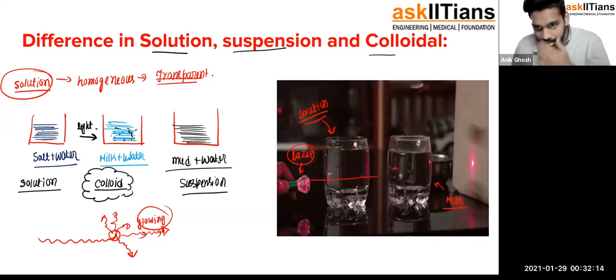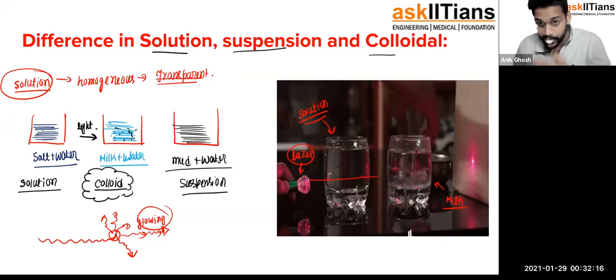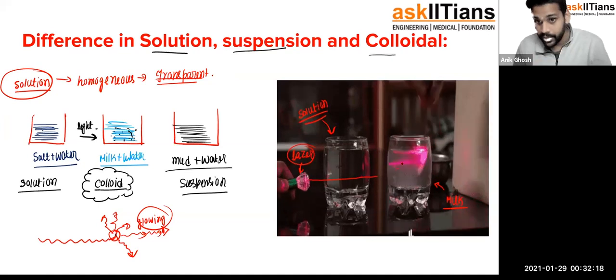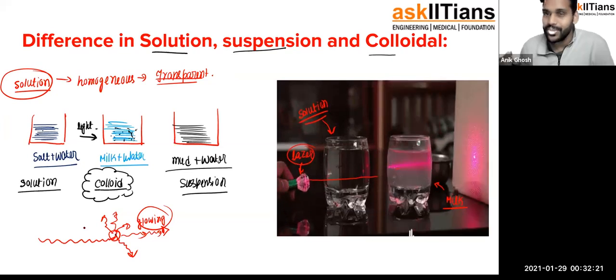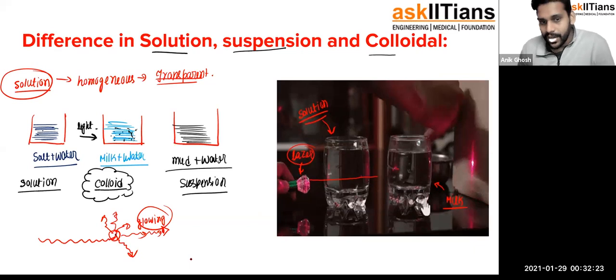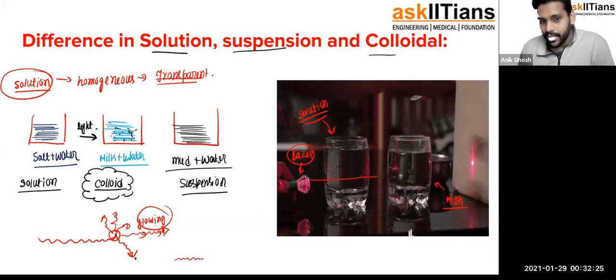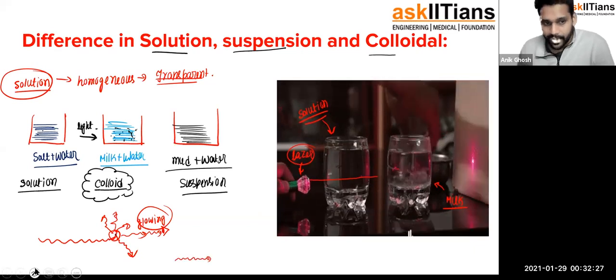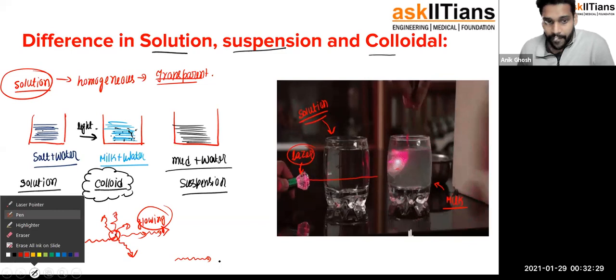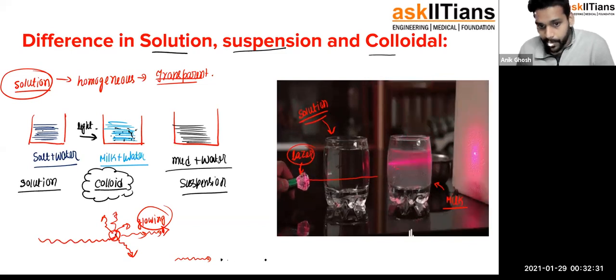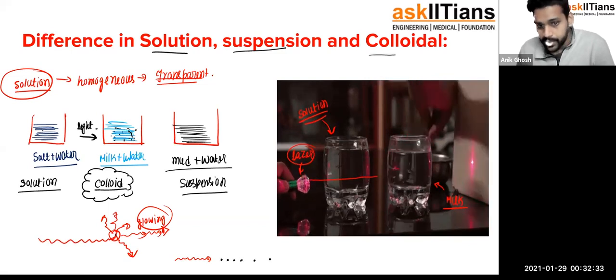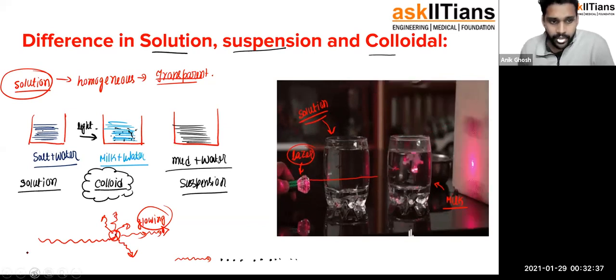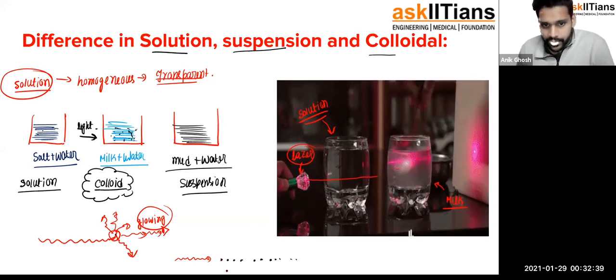When he mixes some amount of milk over there and dissolves it, you'd be able to see the pathway of this light. So actually, the light is going like this, and whatever particle comes in its way, it is just scattering the light like this. All the particles are doing the same thing.